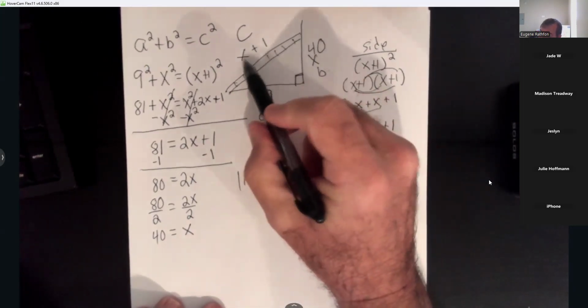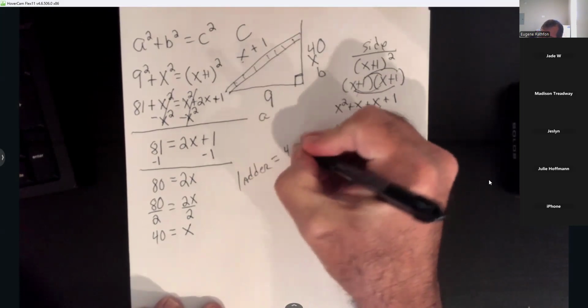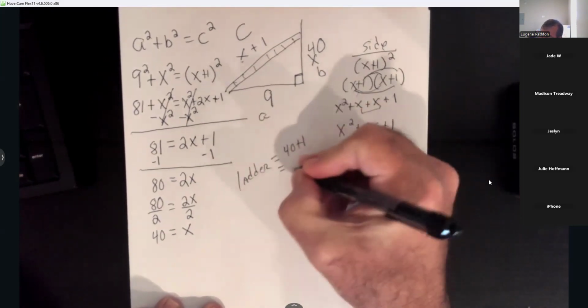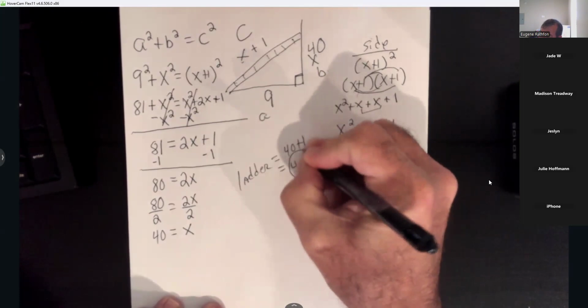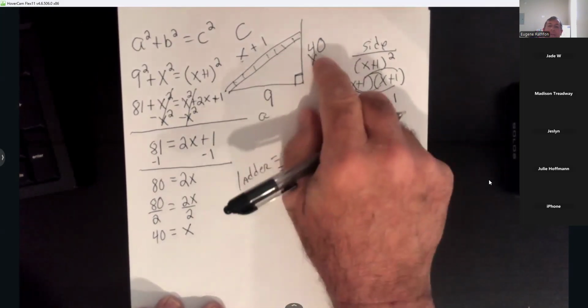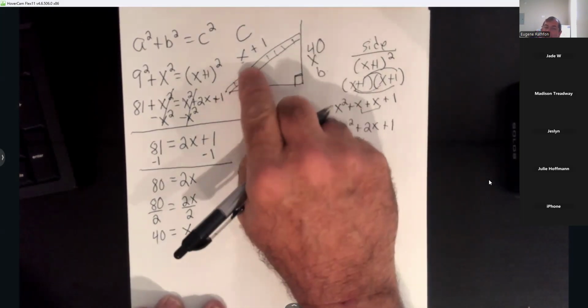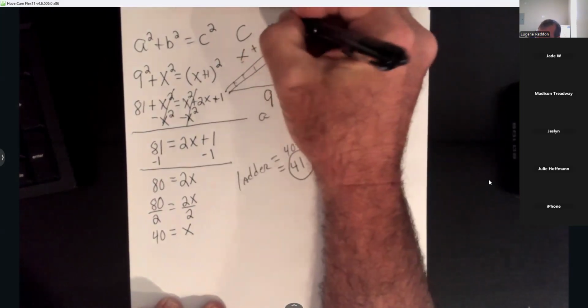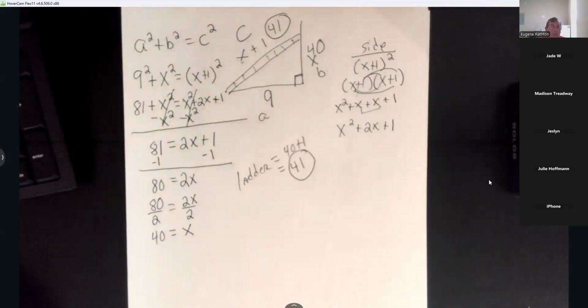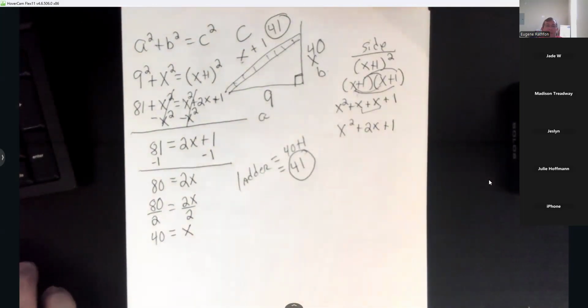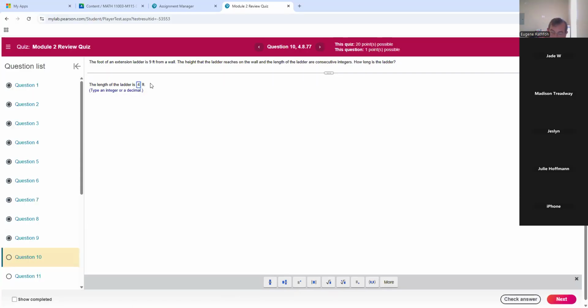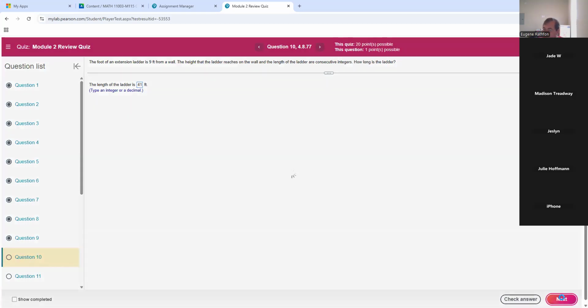The ladder is x plus 1, so that's 40 plus 1. So my ladder equals 41. Don't stop at the 40, add 1 to it and get 41, okay? Let me see what that one wanted. It just wanted us to put in our 41. So you're putting in 41 and hit next.